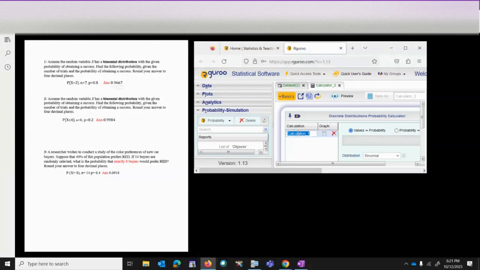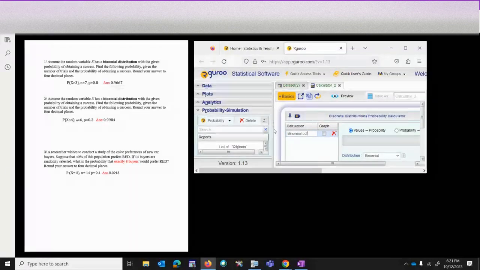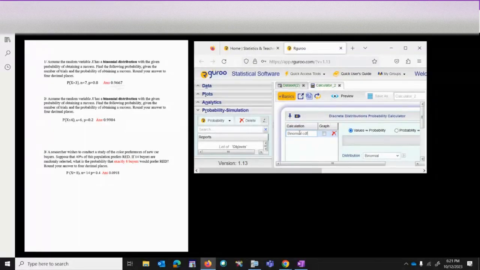The first thing you have to do is calculation 1. You delete this one and replace it with binomial CDF. Make sure to change this into binomial CDF, and then you click that one.